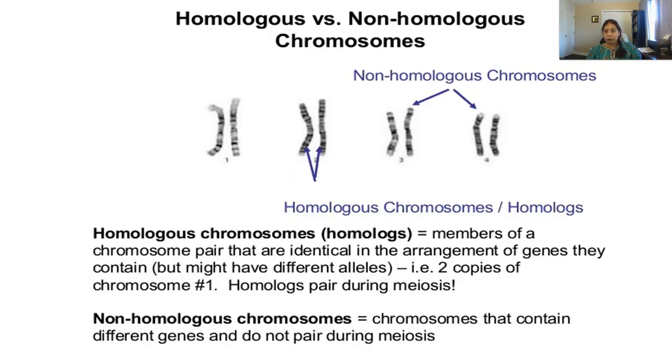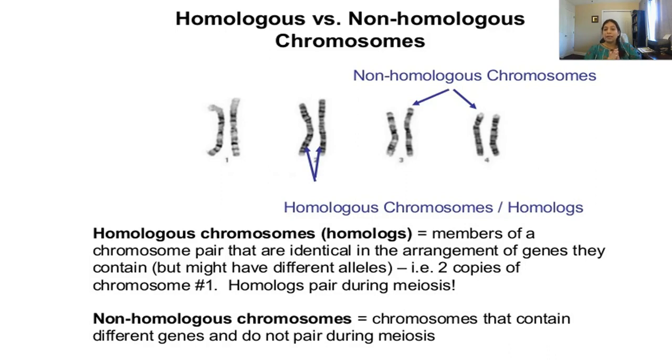Another set of terms that we want to know about chromosomes are the difference between homologous and non-homologous chromosomes. Homologs, or homologous chromosomes, are members of a chromosome pair. So the two copies of chromosome 1, the one from your mom and the one from your dad, or the two copies of chromosome 4, those are going to be your homologous chromosomes.